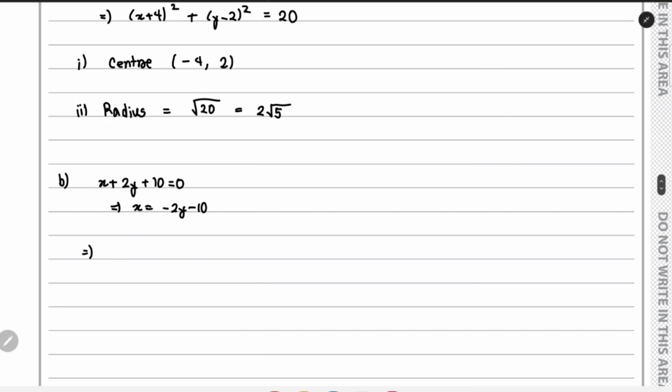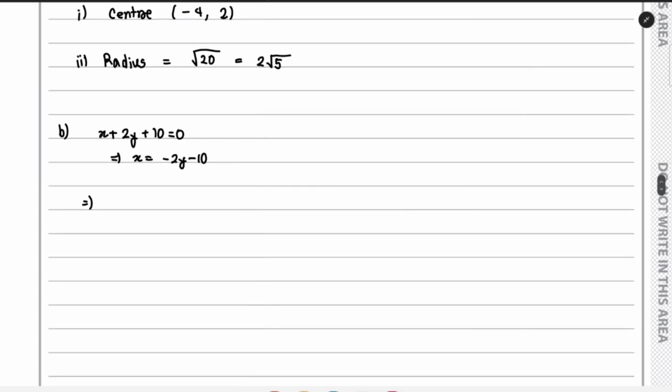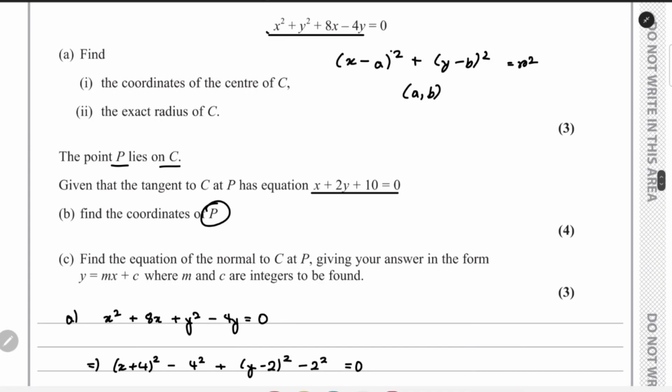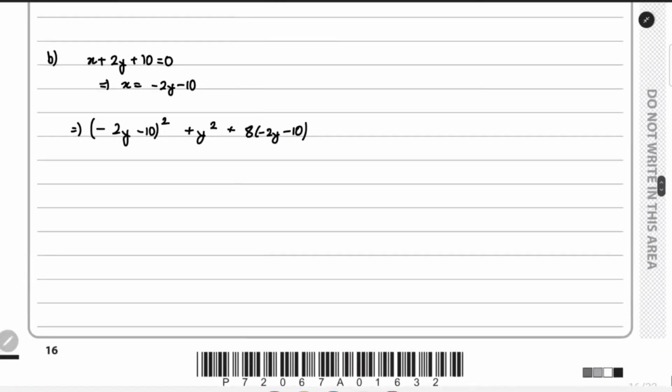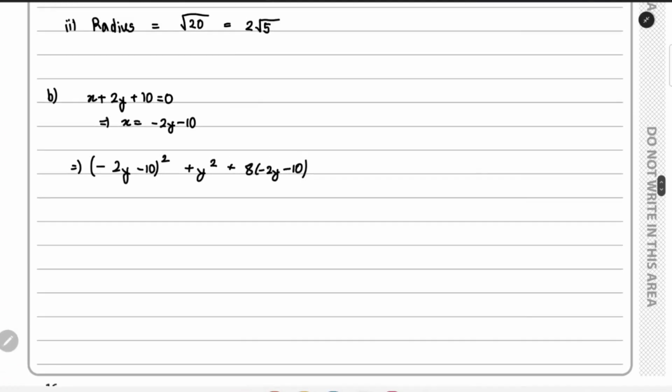We'll get minus 2y minus 10 whole square plus y square plus 8 times minus 2y minus 10. I'm using this expression over here since it makes the working easier. If we had a whole square, it would be more painful to work with.